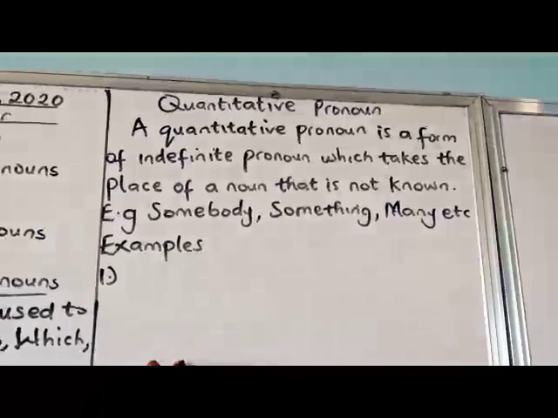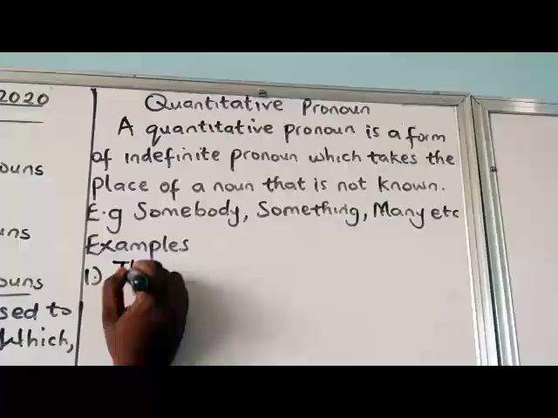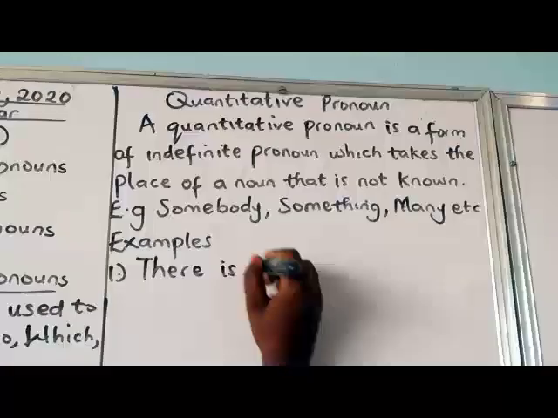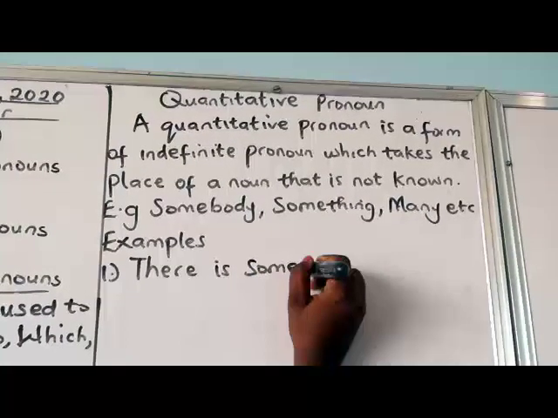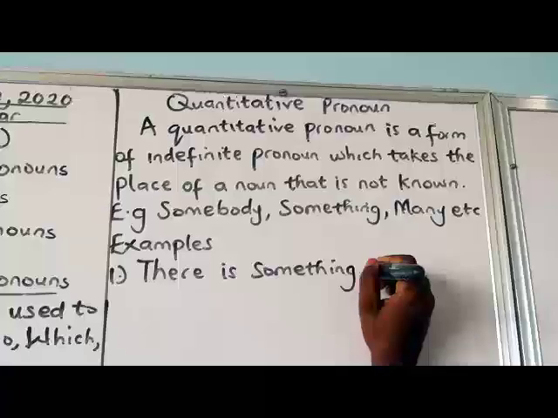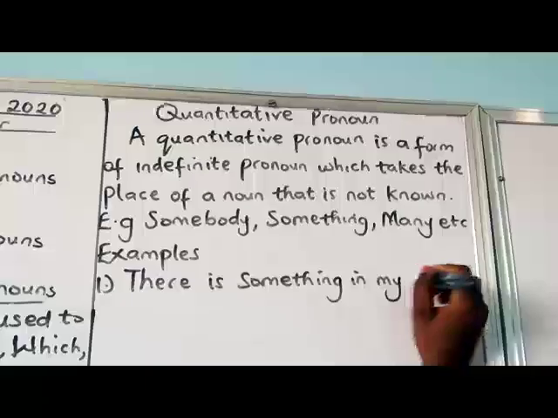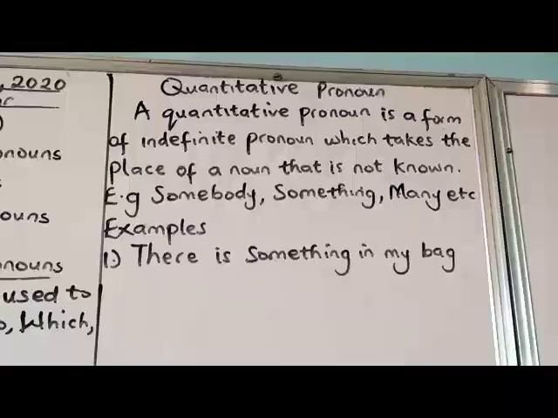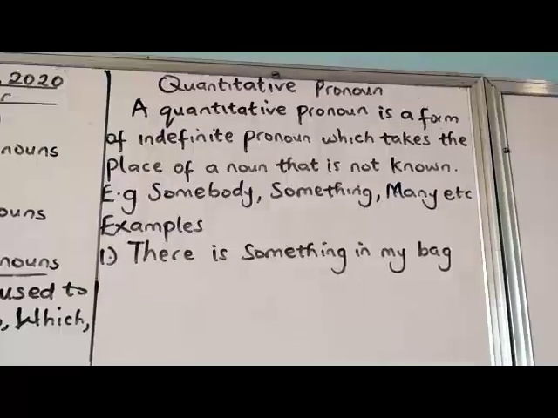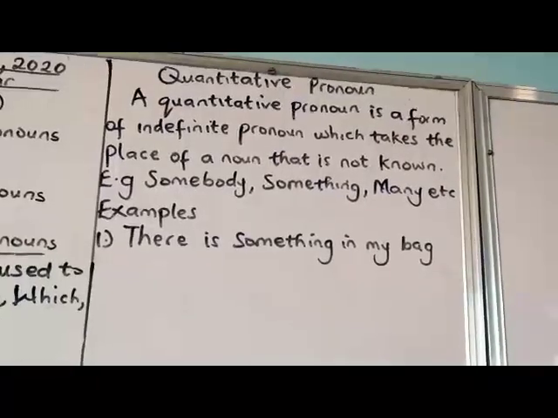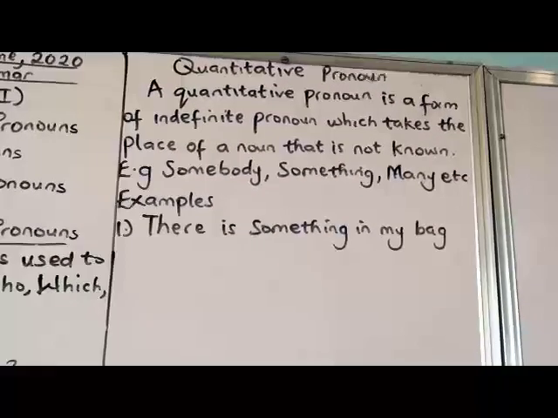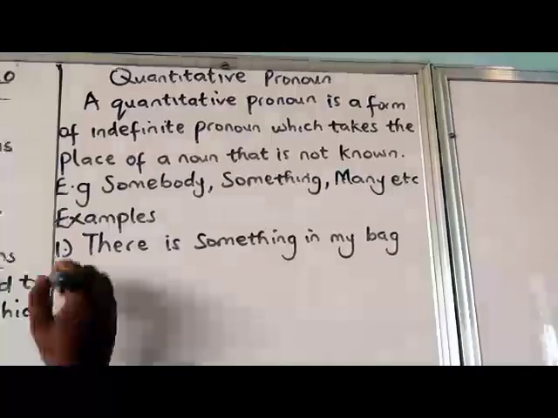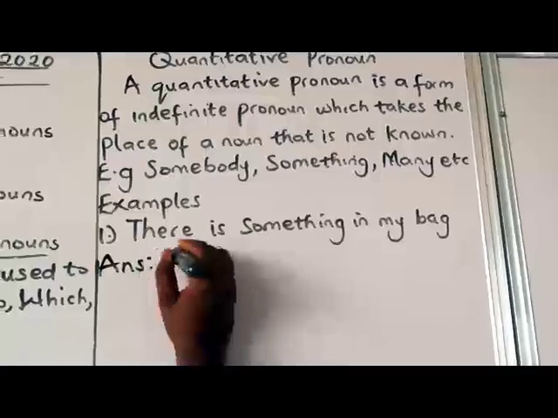The first one is, there is something in my bag. Children, if you look at that first example, what is the quantitative pronoun there? The quantitative pronoun there is something.